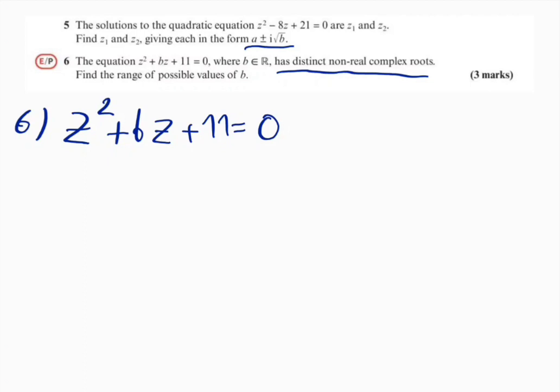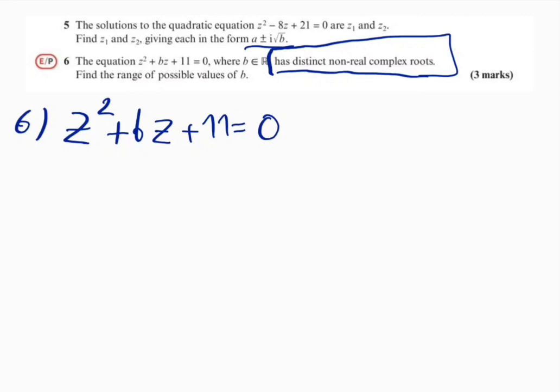And now we should find a range of possible values of b. So it's not asking us about the solutions or the roots of this equation, because b is unknown and we cannot really do that, but we should find the range of possible values of b. And how can we do that? We should use this fact, because this fact allows us to work out the range of possible values of b.